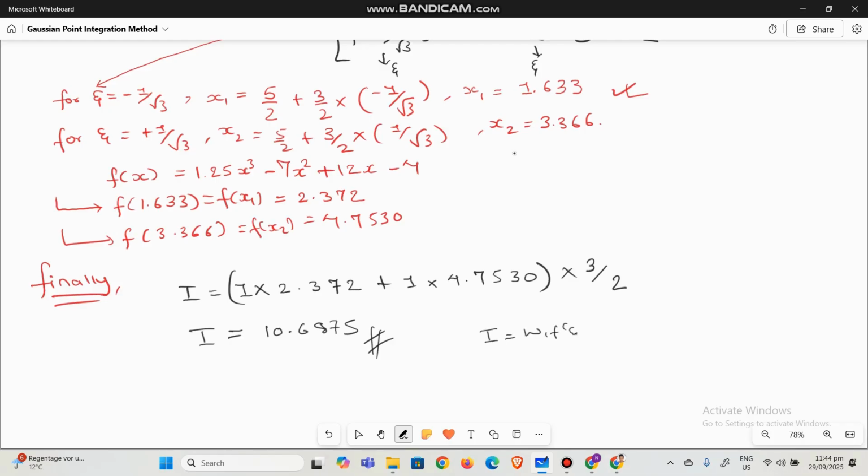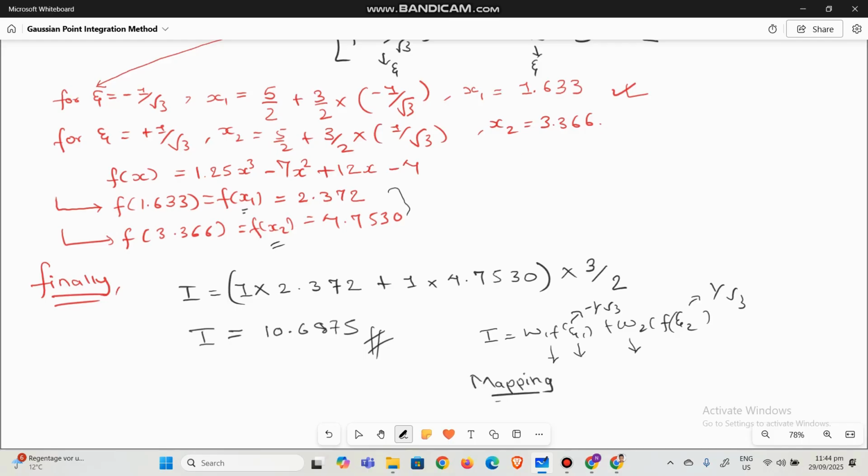Okay, now you may be wondering that we said we get the integration value using the formula weight 1 f psi 1 plus weight 2 f psi 2, and then we said psi 1 is minus 1 upon root 3, psi 2 is positive 1 upon root 3, and then multiplied with the value of these weights. But why are we using fx1 and fx2 for this? Why are we again going back to x1? The answer is simply because we are just mapping this.